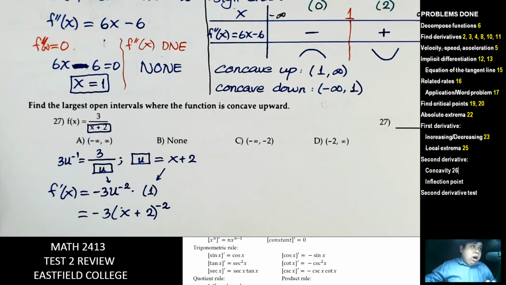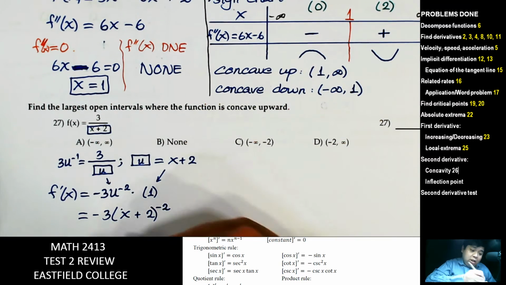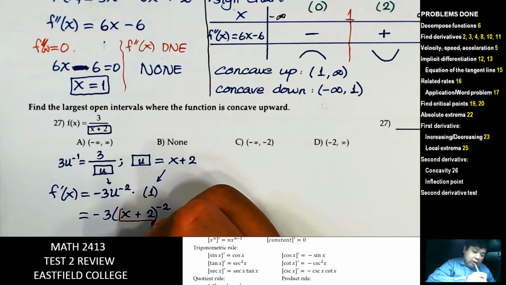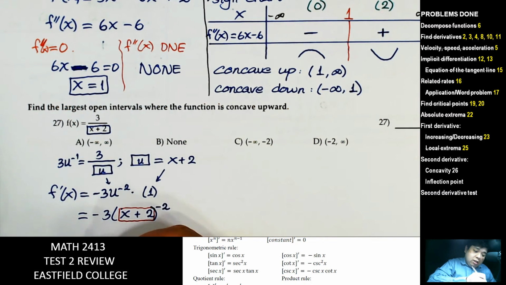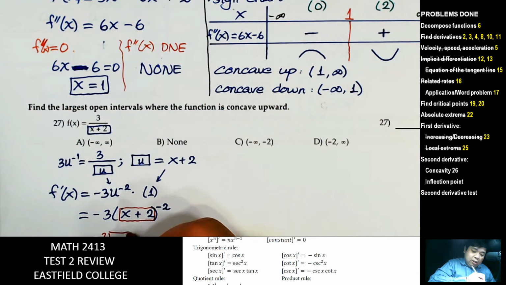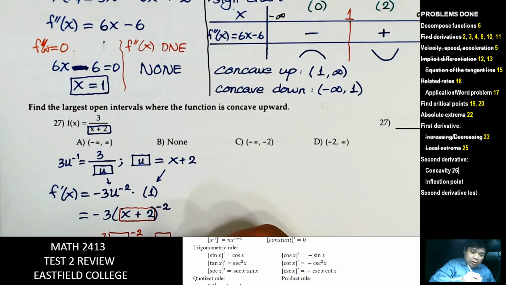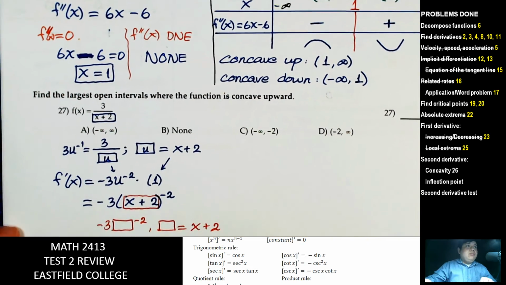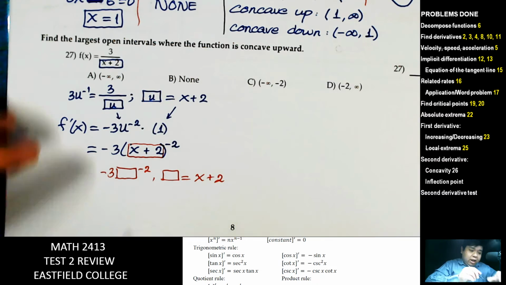Of course, we can rewrite this as a rational function, but it's better to just keep going with this. So I have another box. And we'll take the second derivative.